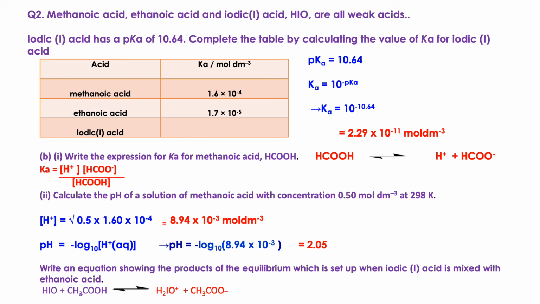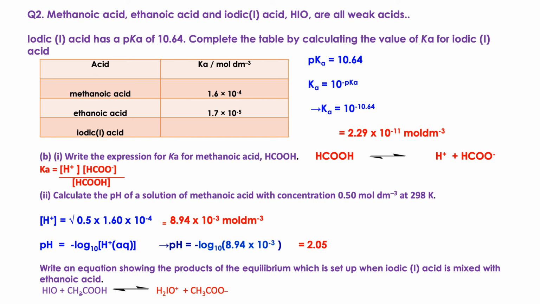Calculate the pH of a solution of methanoic acid with a concentration of 0.50 moles per decimeter cube at 298 Kelvin. Methanoic acid is a weak acid, so we use the formula: H plus is equal to the square root of Ka times the concentration of the weak acid, which gives us 8.94 into 10 to the power minus 3 moles per decimeter cube.